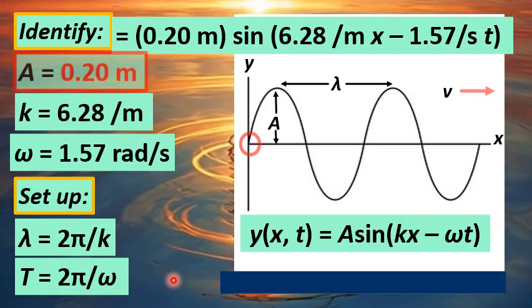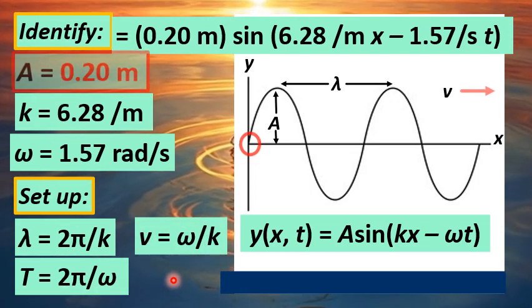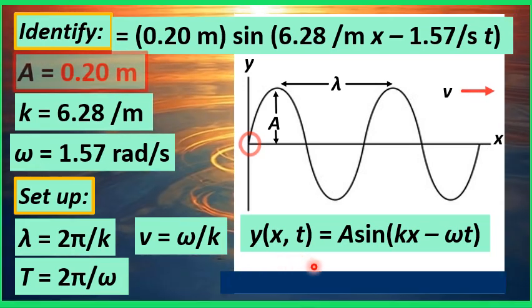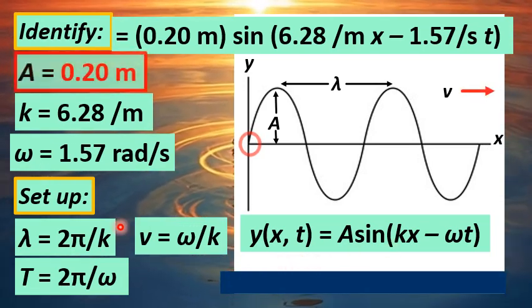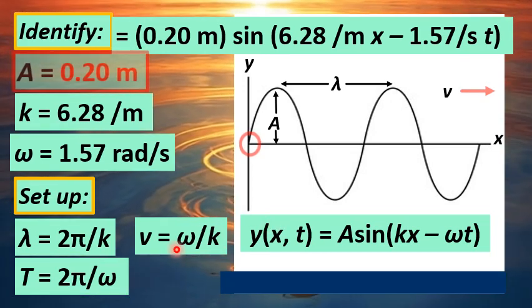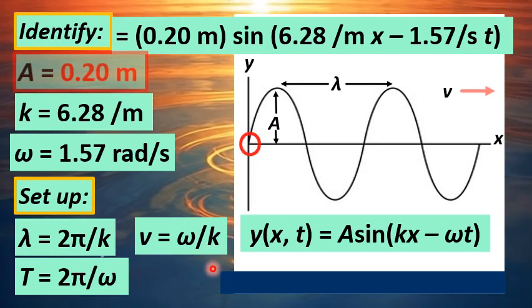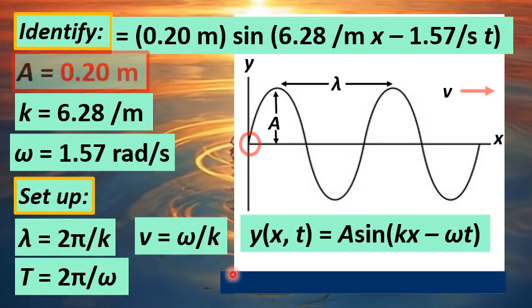And lastly, the other target variable is the speed of the wave propagation, small letter v. It is just equal to the angular frequency omega divided by the wave number k.